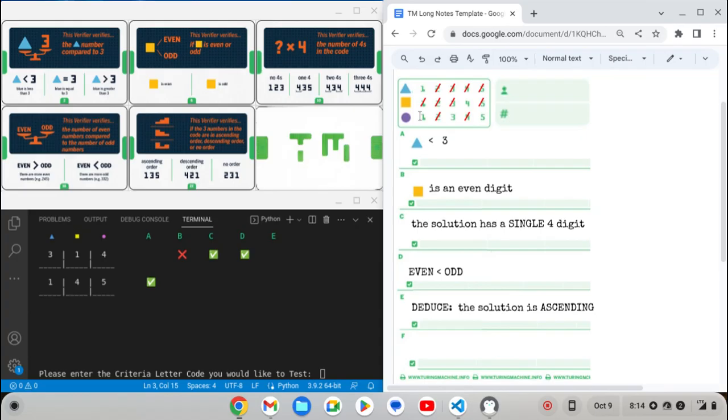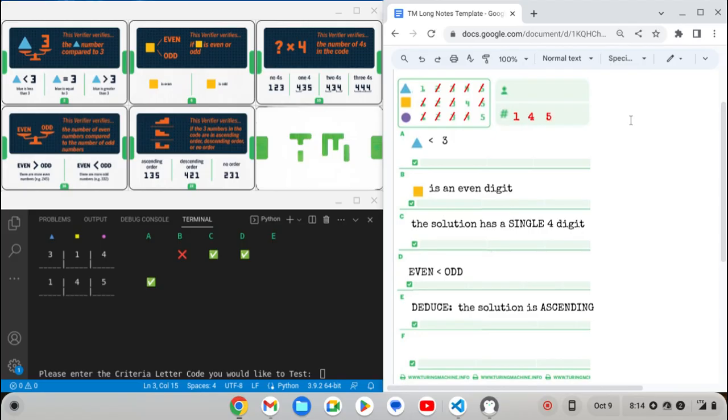So let me go ahead and cross out the 1 and the 3. So I'm stating that the solution should be 1, 4, 5. All right, just experiencing a little bit of lag. Okay, so 1, 4, 5.